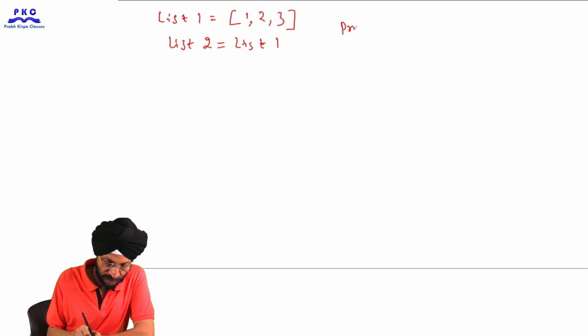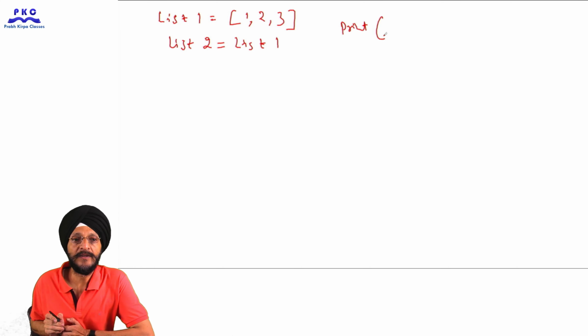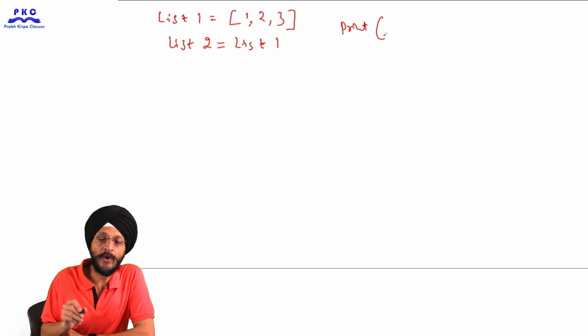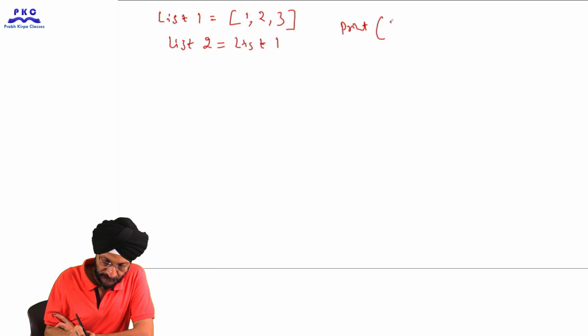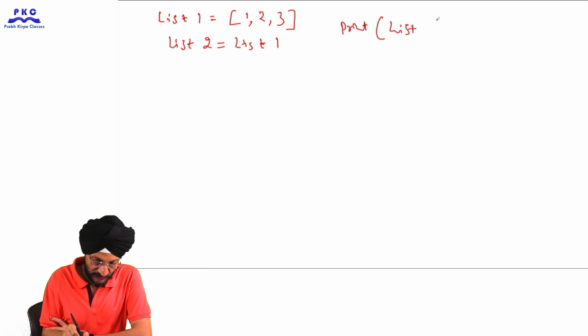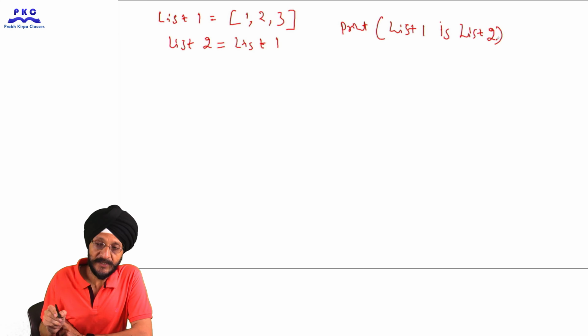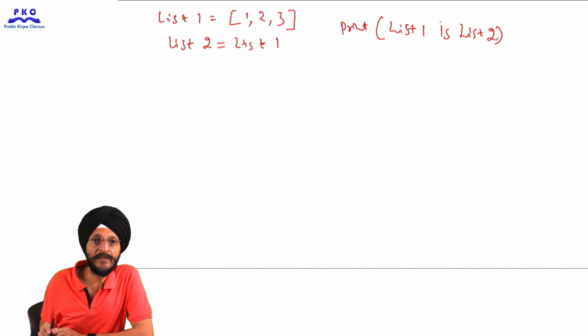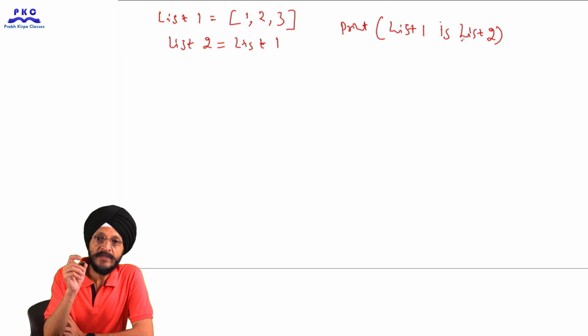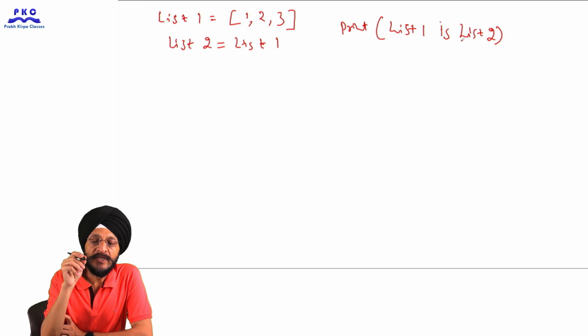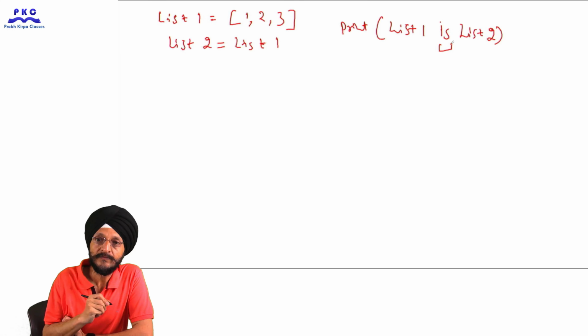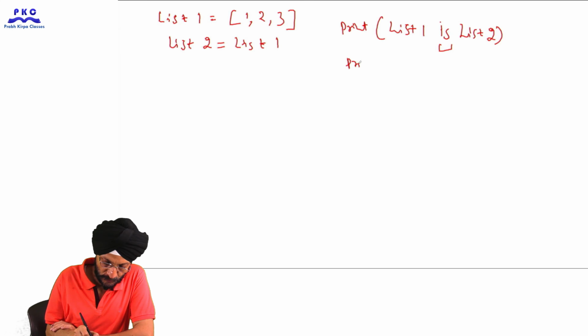Now we use the print function and we will use the is operator to find whether list1 is list2. In another we will be using the is not operator. Print list1 is not list2.